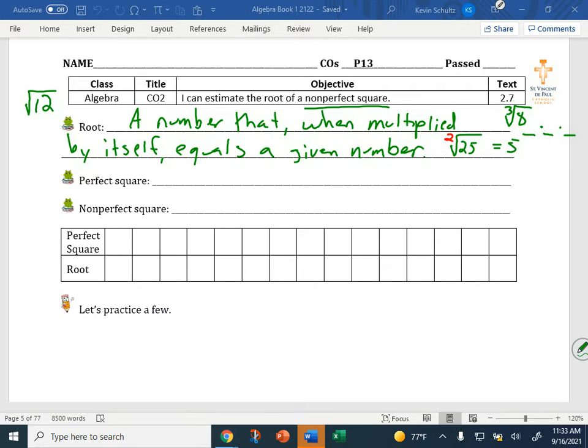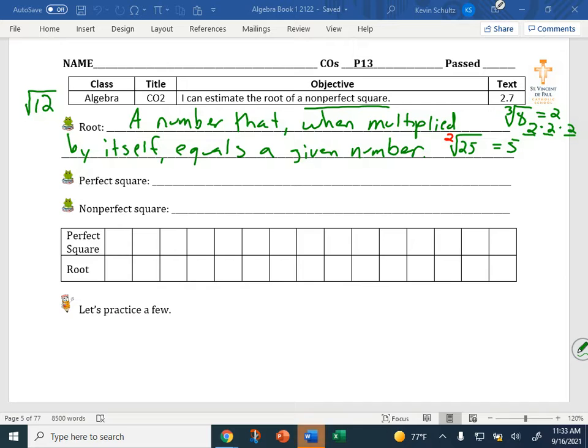Or what times itself times itself? 2, yeah, right? 2 times 2 times 2 equals 8, and that 3 tells us there are 3 roots to 8, and that's going to be 2.